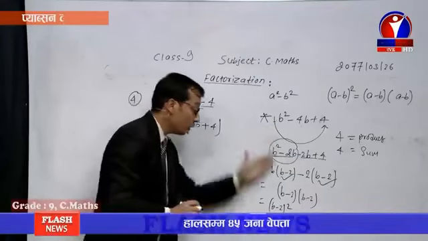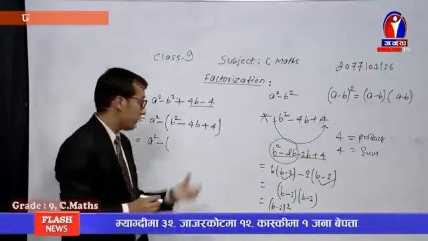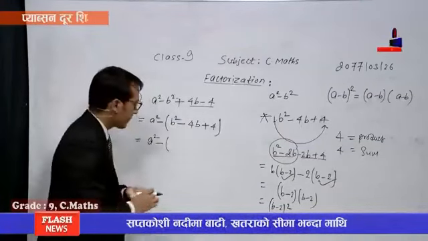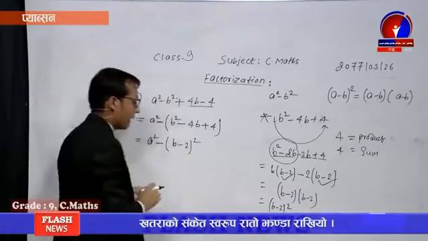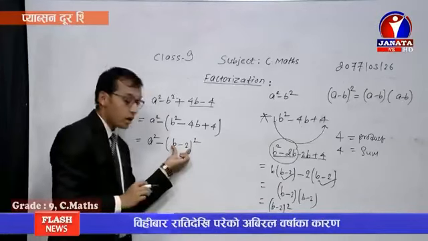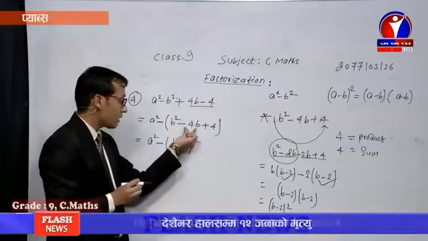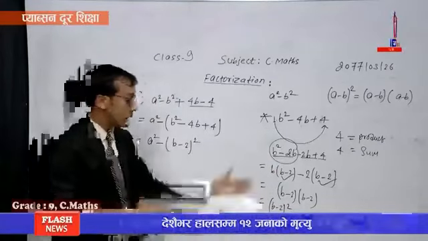I have shown here at the side the process of factorizing b square minus 4b plus 4. So I am writing directly here. So b minus 2 whole square. How? B minus 2 whole square is derived from b square minus 4b plus 4. It's here. We can say this is the process that we follow.